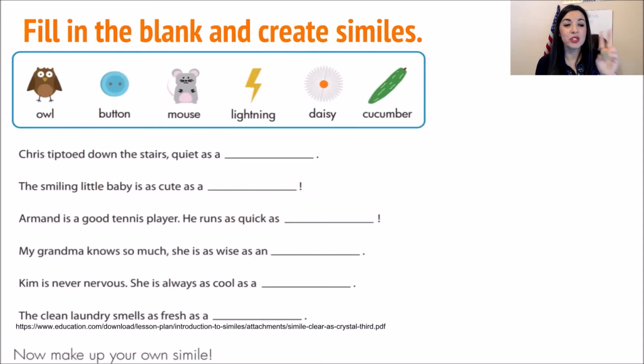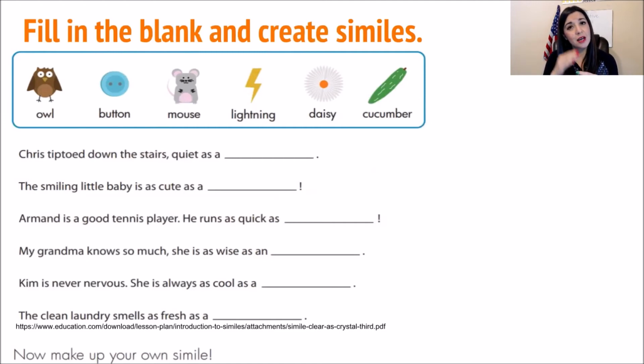Okay, so number 2. The smiling baby is as cute as a cucumber? No. Cute as a daisy? Maybe. Lightning is not cute. Mouse, most people don't think mouse is cute. Cute as a button. Are buttons cute? Some are, right? They are perfectly shaped with the 2 holes, and they accessorize your clothes to make your clothes look nicer.